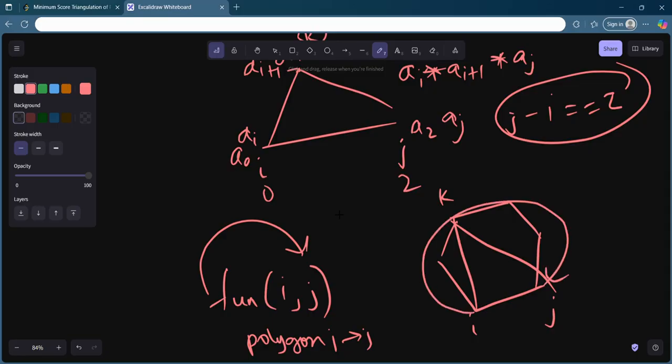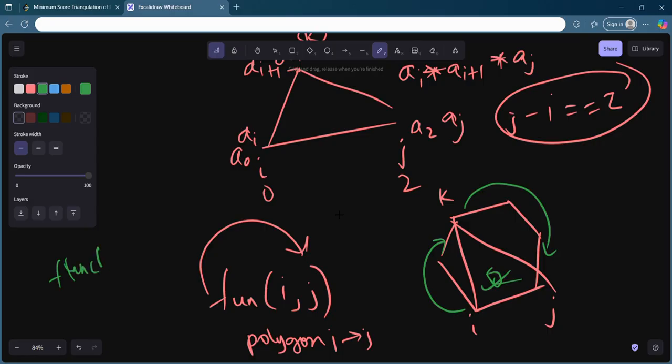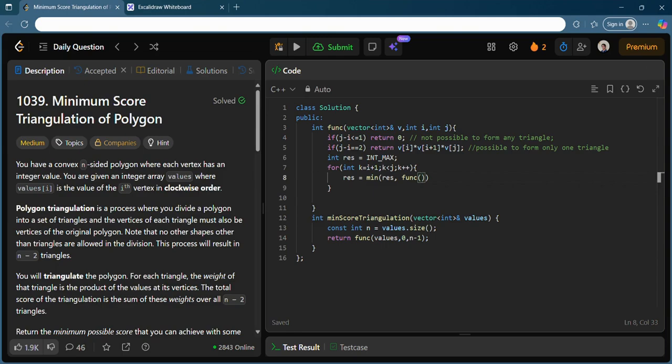For the polygon I to j, I am dividing it into the polygon I to k, the polygon k to j, plus this triangle. So the function I to j now gets decomposed into function I to k plus the triangle score plus function k to j. I hope you get it, right?